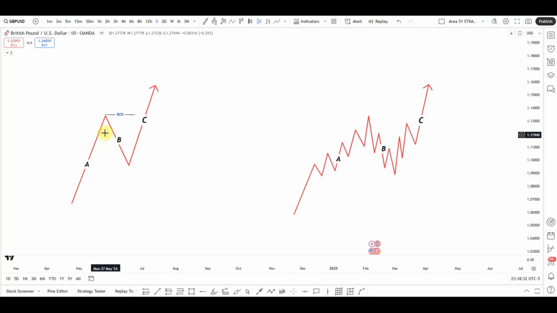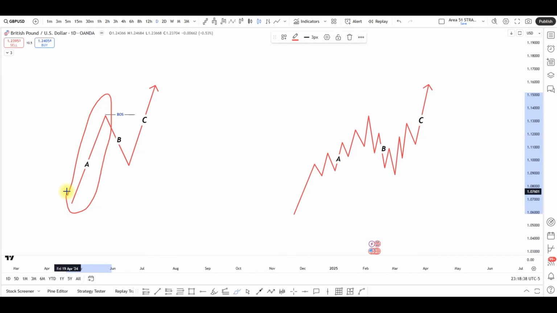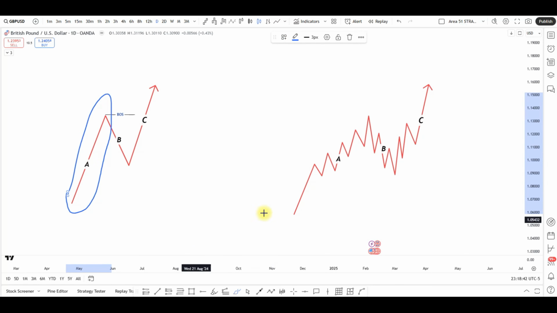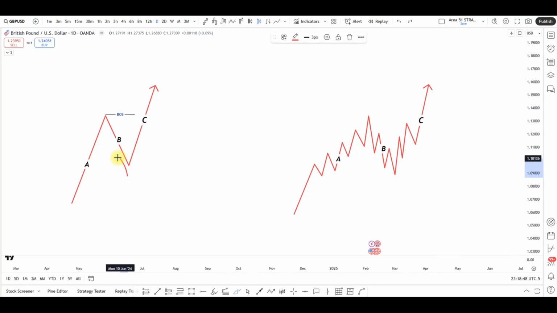This is what we call an impulsive move. Let me change the color to make it look better. Okay, this is an impulsive move, 1. This is a corrective move.